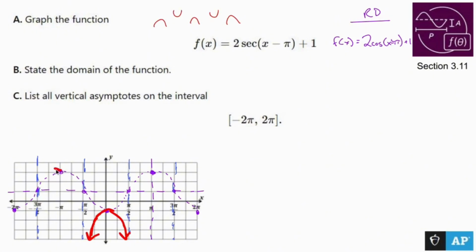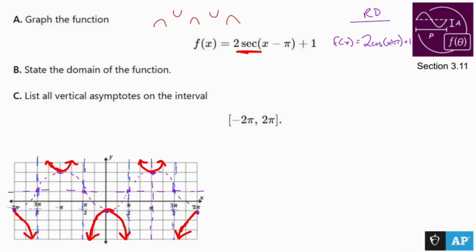Don't have a lot of space here, but you're going to be concave up like that. You're going to be concave up like that. And don't have a lot of space, but concave down right there. Concave down right there. What I have in red is my actual graph. The purple was just my rough draft, my guide, my blueprint. Okay? Vertical asymptotes in blue, easy peasy.